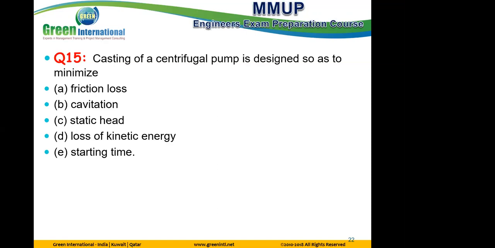The main function of a centrifugal pump is to obtain high kinetic energy, to obtain high discharge. So what is the main objective? To avoid any losses of kinetic energy.